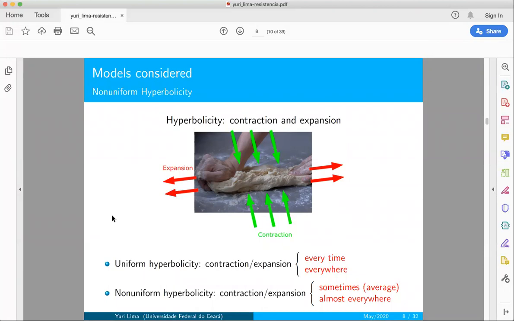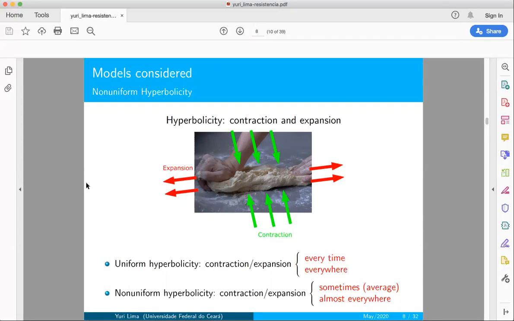So non-uniform hyperbolicity is much more tailored to real examples in the real world. And this helps explain the broader applications that this definition has for concrete examples. So we will consider non-uniformly hyperbolic systems, which of course include the class of uniformly hyperbolic systems.